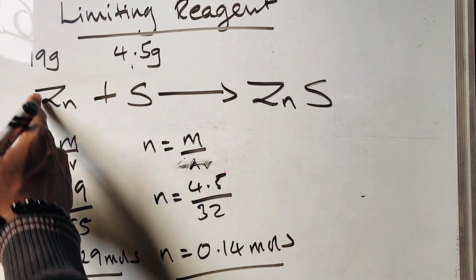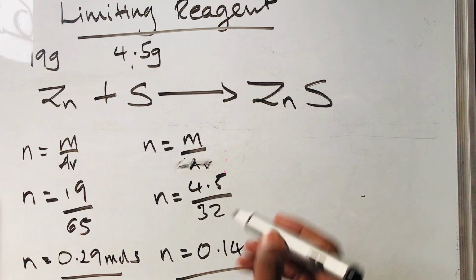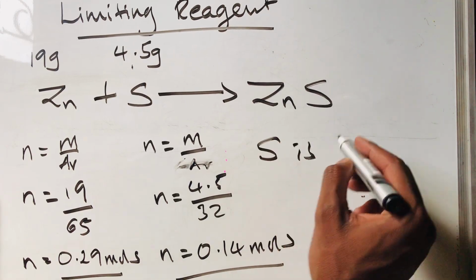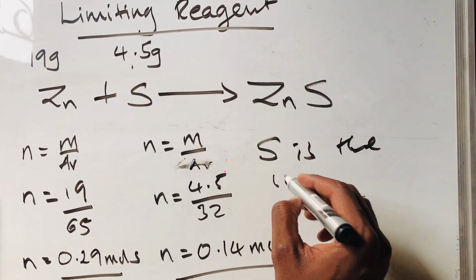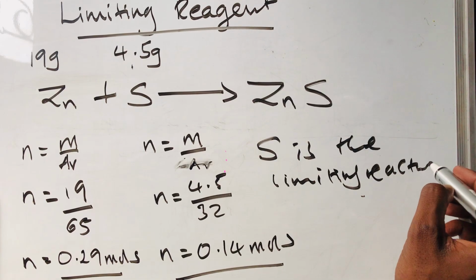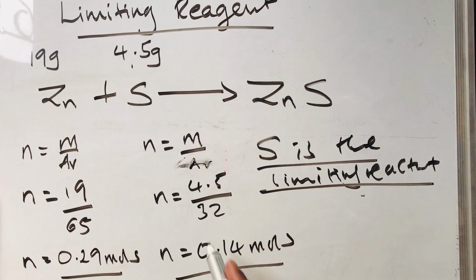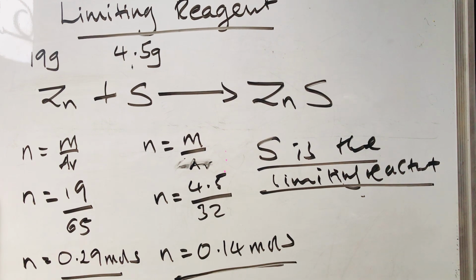Because the mole ratio is 1 to 1, we just look at which one has the smallest value. Definitely sulfur has the smallest value. So in the exam you conclude by saying, therefore, sulfur is the limiting reactant or reagent, because it has the smallest number of moles.